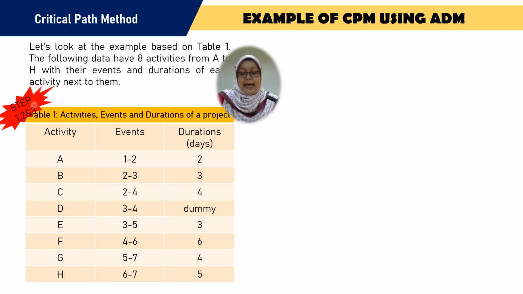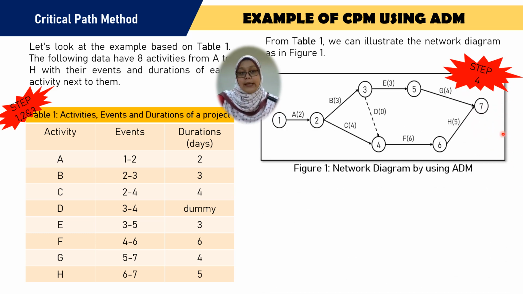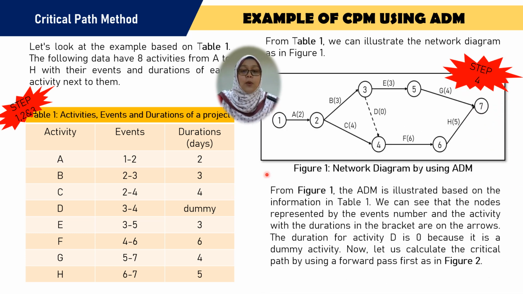Next, what must we do next? We have to illustrate the network diagram as in figure 1. As you can see in figure 1, events 1, 2 denote activity A, and the brackets beside activity A show the duration of the activity.